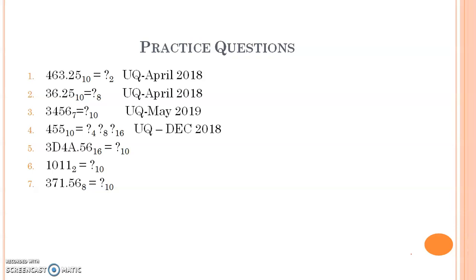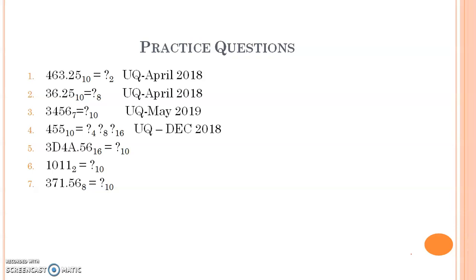system. That is, assume that the decimal number system is the biggest number system. So if you want to convert any other number system, which we are assuming as a small number system, to the decimal number system, you have to multiply with powers of that base. That is, if you want to convert binary to decimal, you have to multiply with powers of 2 and then add up the products. If you want to convert hexadecimal to decimal, you have to multiply with powers of 16 and then add up the products.